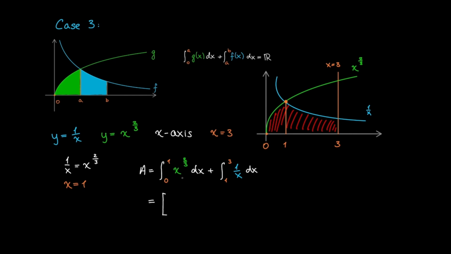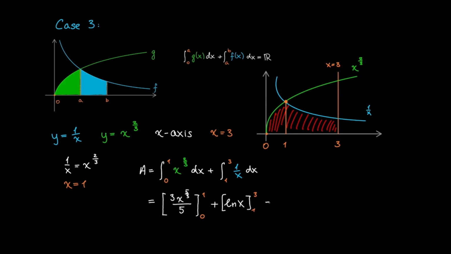Now this integral can be calculated very easily. The antiderivative expression we get here would be x raised to the power of 5 over 3 divided by 5 over 3, or in other words, 3 times this x expression over 5, evaluated from 0 until 1. And the latter integral, we would get simply ln of x evaluated from 1 to 3.